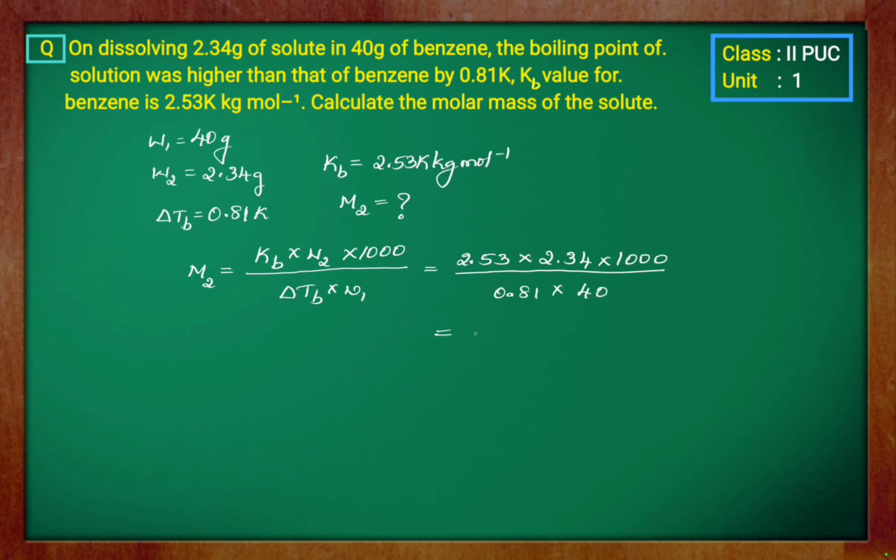After simplifying this, we will get the molecular mass M2 is 182.72 gram per mole. So therefore, the molar mass of solute is 182.72 gram per mole.